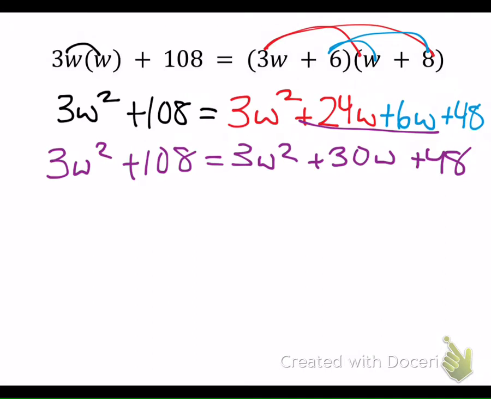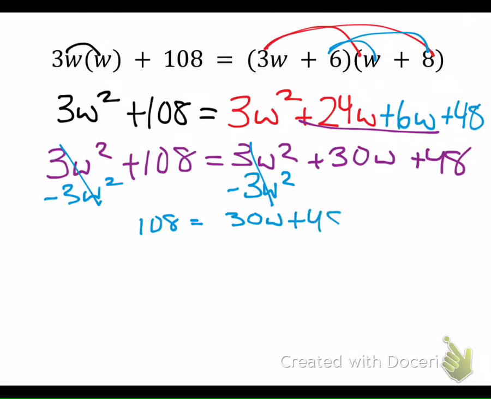All right, what do you think I should do next? Yeah, I'm going to collect up my w's. So when I get the w squareds together, what happens? They're gone. So right now I have 108 equals 30w plus 48.